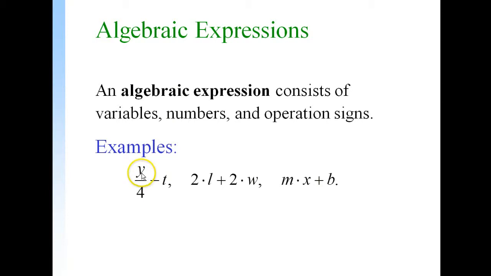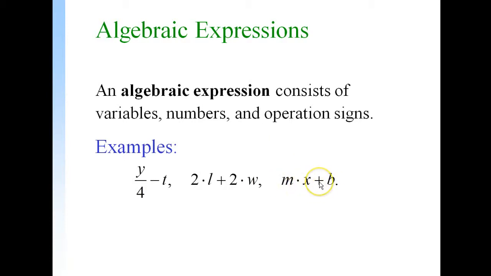So here we see a letter. This would be a variable. The 4 is a constant. There's a minus sign indicating subtract. Now this is part of the formula for perimeter, in which it's 2 lengths plus 2 widths equal the perimeter of something. And this is part of a formula to show slope-intercept.